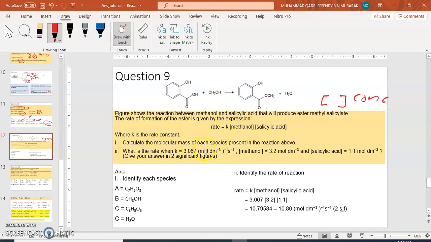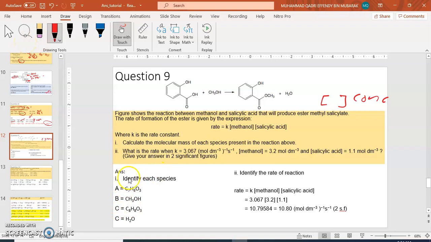To calculate the molecular mass, first we need to know how to interpret this drawing. We need to determine the molecular formula for each species present in the reaction.